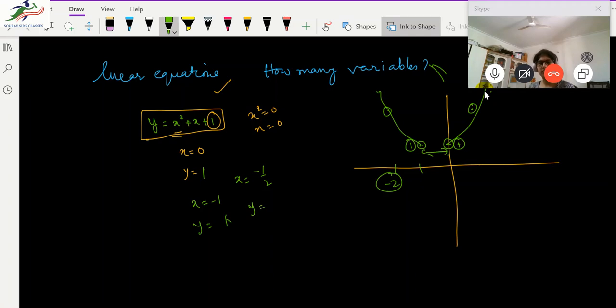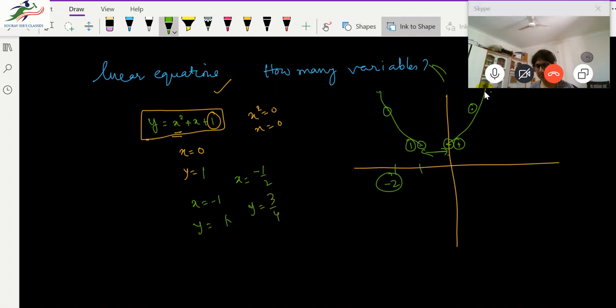Y is how much? 1 upon 4 minus 1 upon 2 plus 1, which will be 3 upon 4.